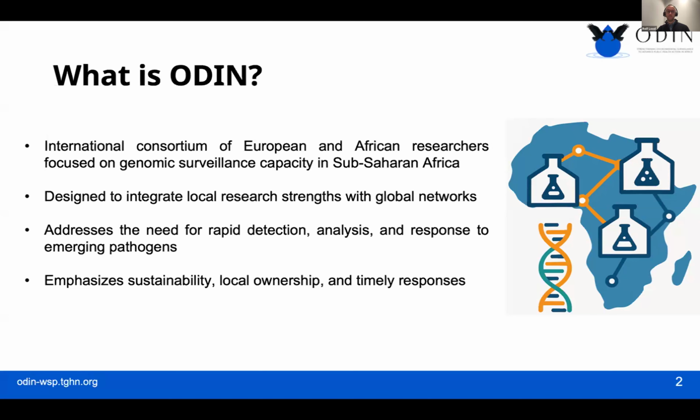It should be accessible, actionable, and deeply rooted in local context. So we are trying to bring together public health institutes, academic researchers, government employees, and different stakeholders within this area to try and address the need for rapid detection, analysis, and response to emerging and re-emerging pathogens.